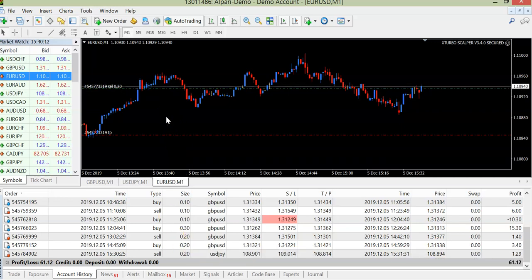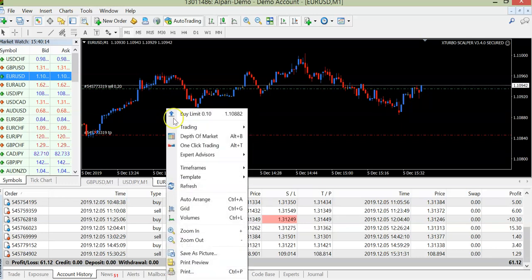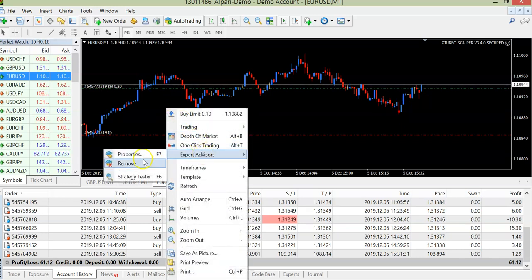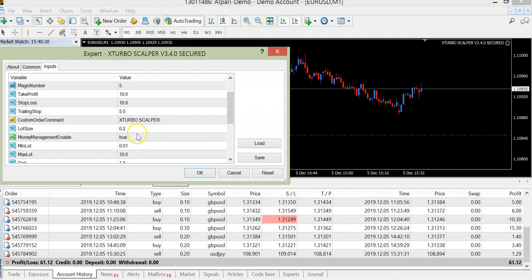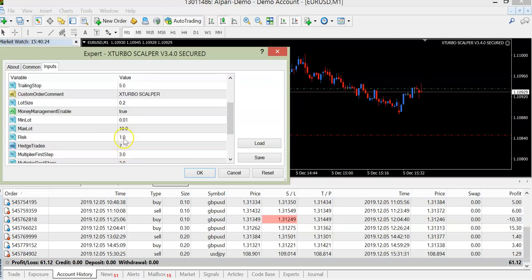But if you use a money management system, that means that the trader will open, you must put this to true, and it will use 1% of your account. So it will always use 1% of your balance, which will be increased by your profit.